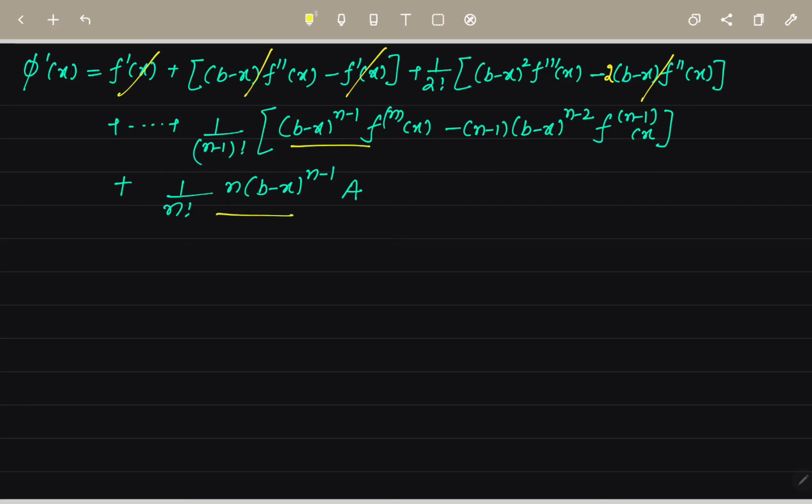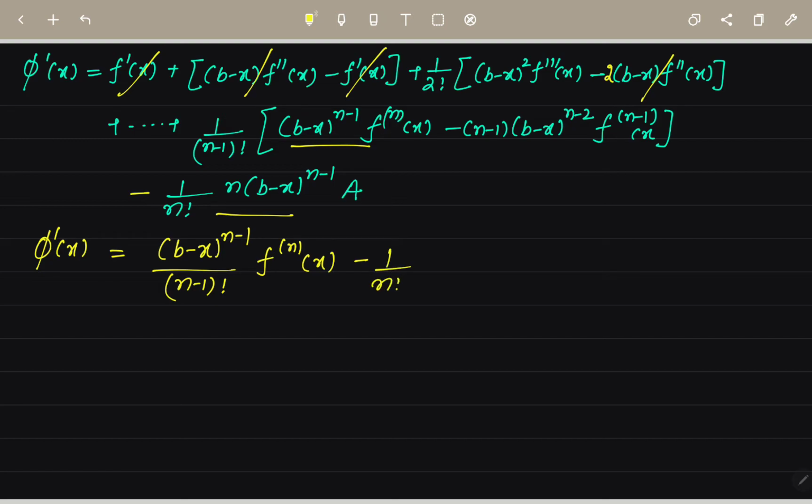Therefore phi dash x is equal to (b minus x) raised to power n minus 1 divided by n minus 1 factorial into the nth derivative of f at x, minus, because the derivative of minus x is minus 1, 1 by n factorial into n into (b minus x) raised to power n minus 1 into a.